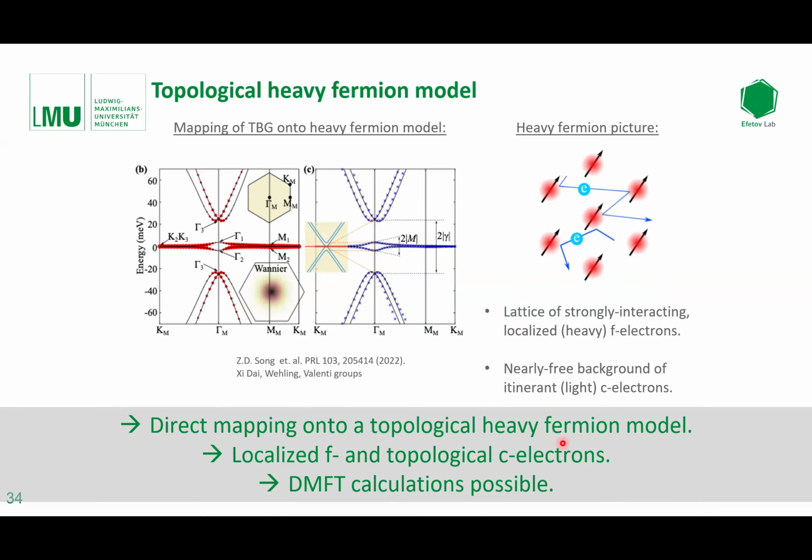One model that has gained a lot of attention over the last couple of years, and which is now used quite broadly by many theorists, is the topological heavy fermion model, which allows us to think about those two types of effects in the same theoretical framework.